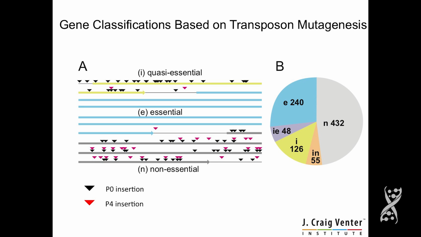And we found that 432 were non-essential, 240 were essential, and then this group here are the quasi-essentials. Since the growth rate is a continuum, we could break that into 3 different categories. So potentially the non-essential and this group here are ones that we might consider removing, about half the total genes.